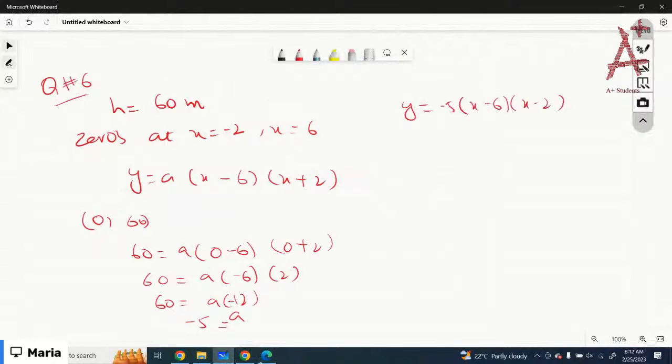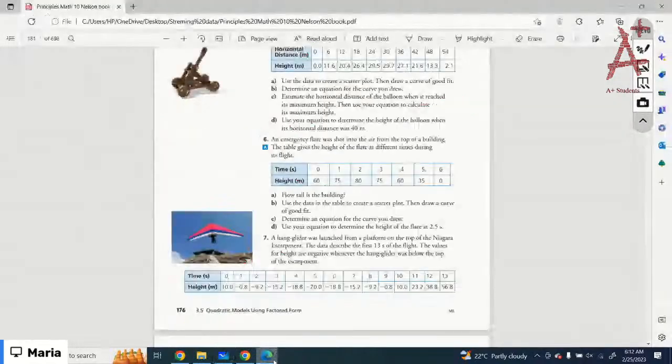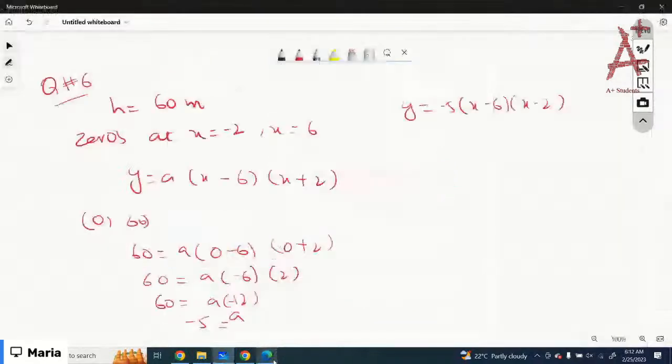And then for the d part, you are given: use your equation to determine the height at 2.5 seconds. You have to calculate the height at 2.5 seconds. So let's replace all the x values with 2.5.